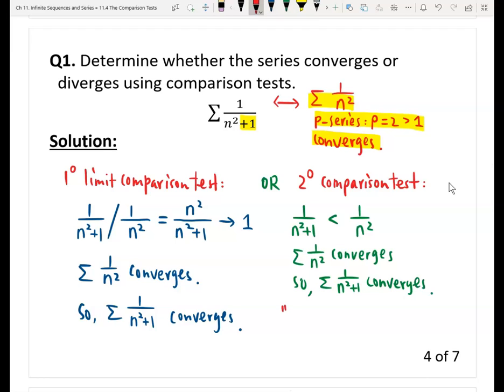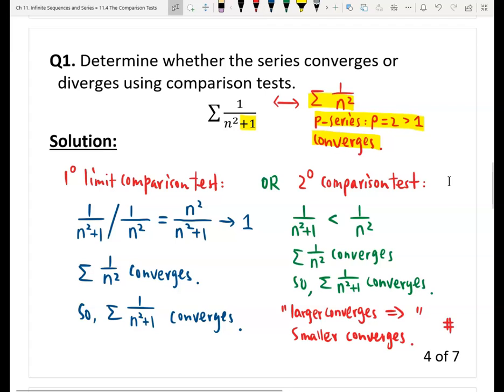What we use is just this: because the larger series converges, the smaller one converges too. Okay, so this is the first question.